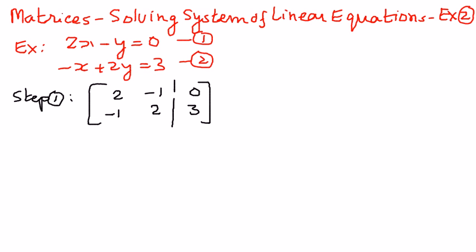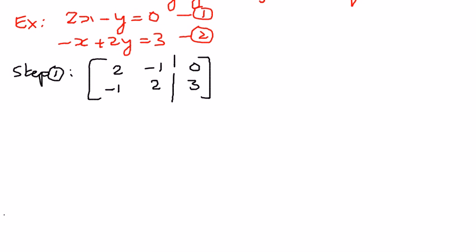We want to find the values of x and y, and to do that we're going to use the Gaussian elimination method, as we mentioned. We want to transform this augmented matrix to this type. I'm going to write that in a different color, that way we know that is what we want to achieve.